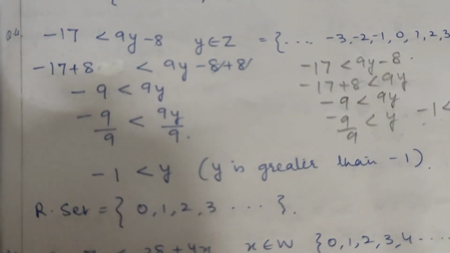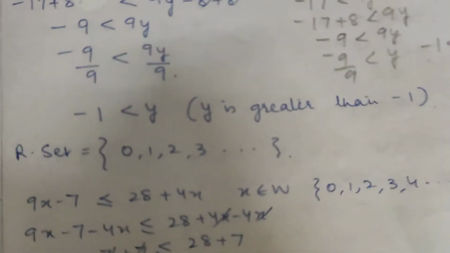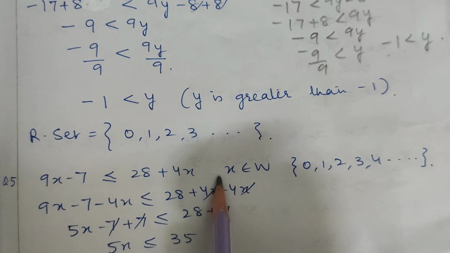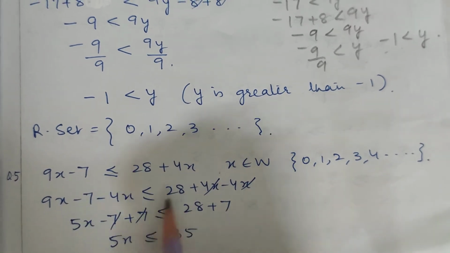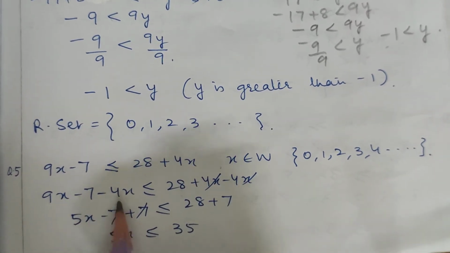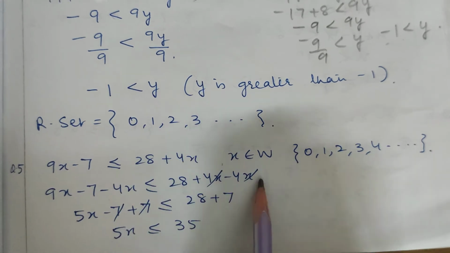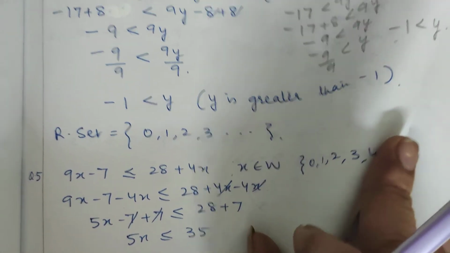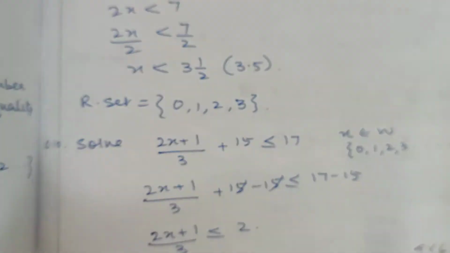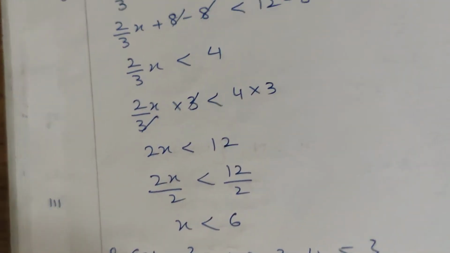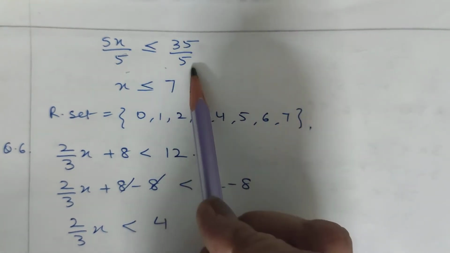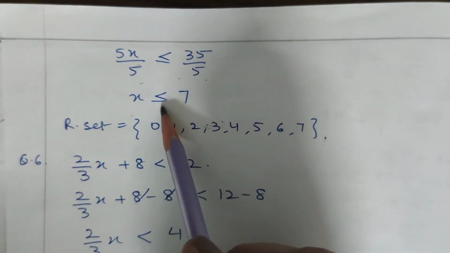In the next sum, your sum is 9x minus 7 is less than this. Again, you can do it directly also, 9x minus 7 minus 4x, 5x is this, and in the next step, x is less than equal to 7.